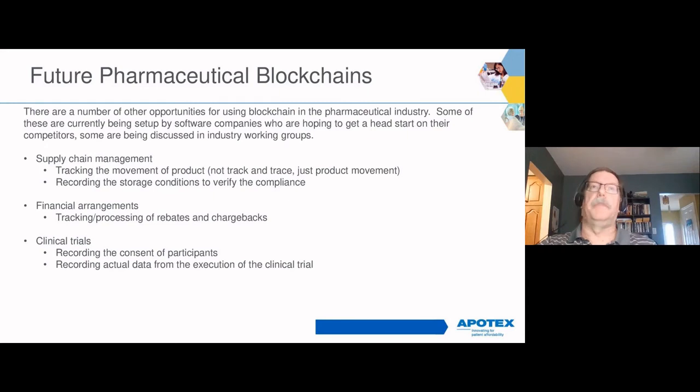Some are being set up right now, and the companies that are setting them up are spending the time and effort to do it, hoping that they can convince the pharmaceutical companies and the rest of the industry that their blockchain is a good reason to use a blockchain, and they would get a head start on their competitors.